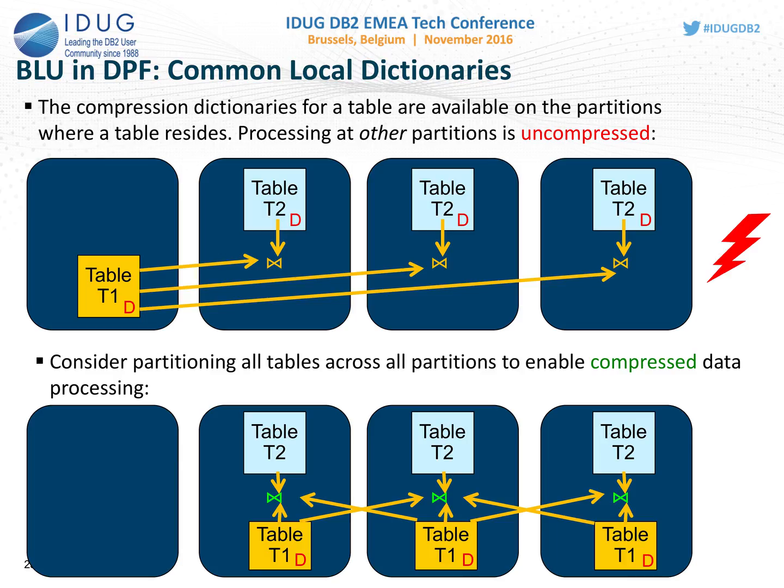I mean, I think we all need to get more experience with small tables in BLU DPF. So far, the indication is that distributing the small tables is a good thing. And in the past, when you had replicated tables, or you put small tables as non-partitioned tables, you really did that not from a logical database design point of view, but really to work around performance bottlenecks in DPF, right?